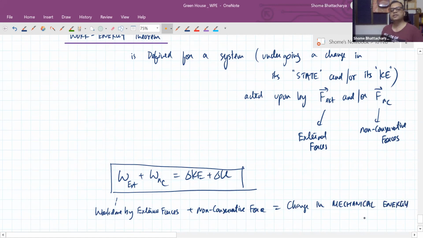So the mechanical energy is the sum of kinetic energy and potential energy. So that is the statement of the work energy theorem.